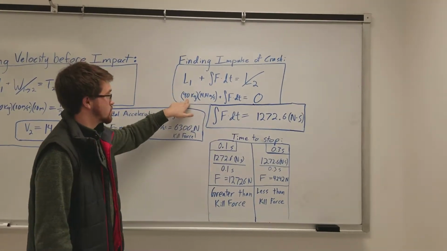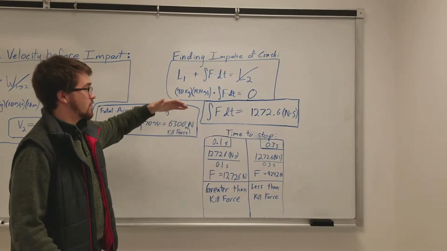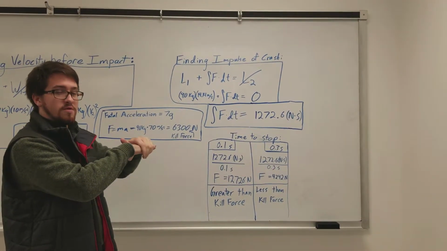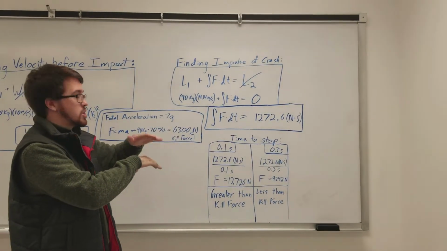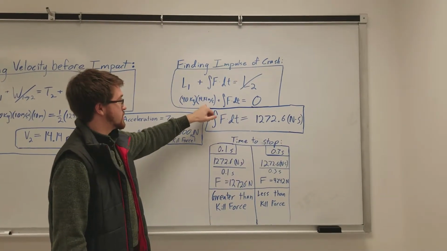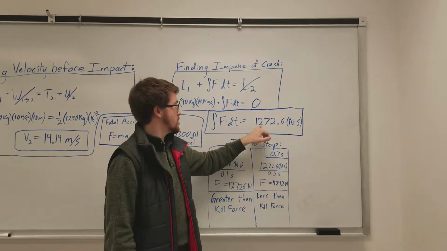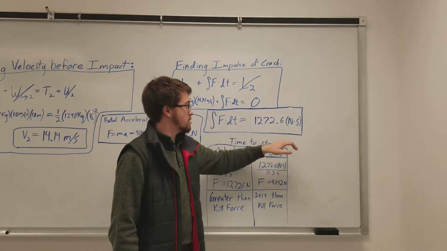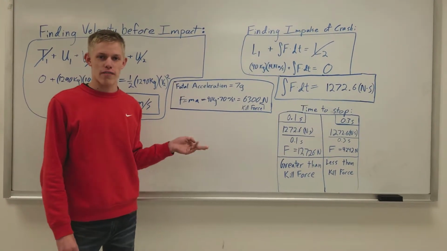The reason that we only use the person's mass is because they're on top of the elevator, so they're not receiving any impact from the elevator itself. It's just their amount of mass. So we multiply their mass by the final velocity we found to get the impulse, which is equal to 1,272.6 Newton seconds.